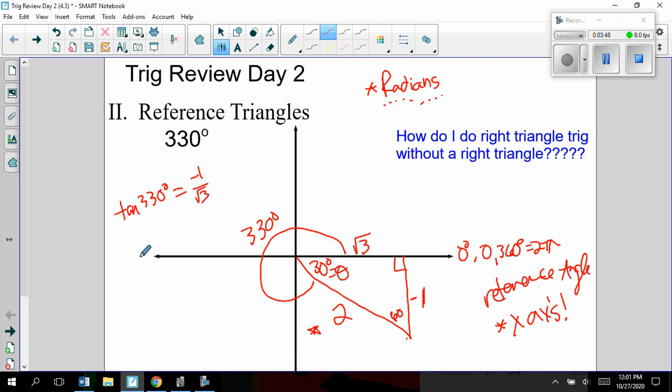Okay, so kind of some steps here of what we did. So first, I'll say draw your angle. So that was at 330. This is an angle symbol, sorry. Then you're going to draw what's called your reference angle and triangle. So that's this 30 degrees in this angle. From that, it is going to be a special right. So I'll say special right.